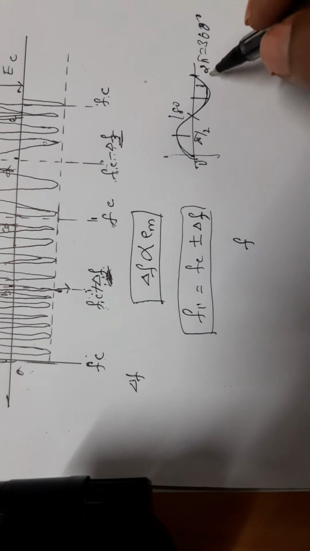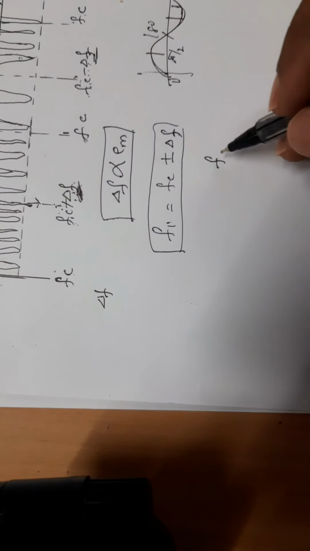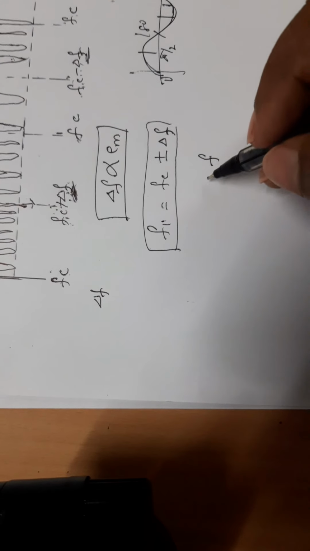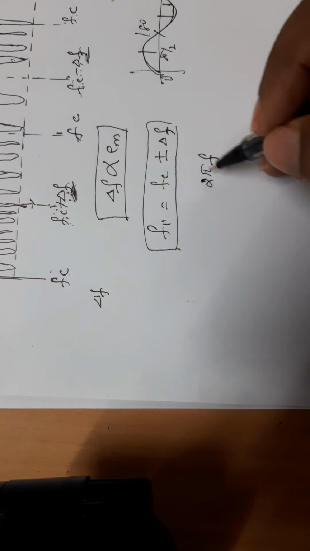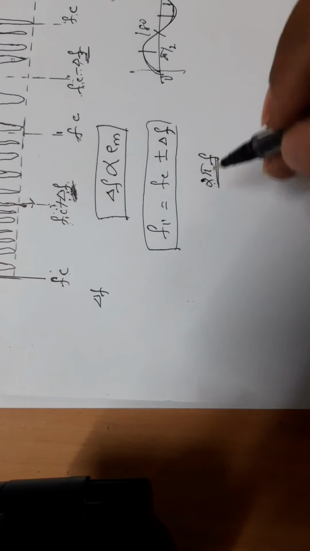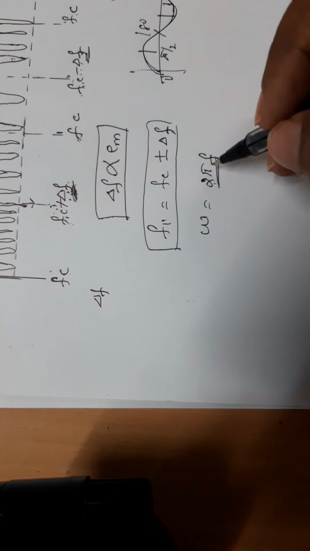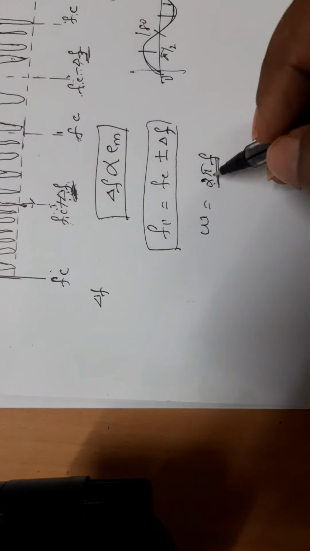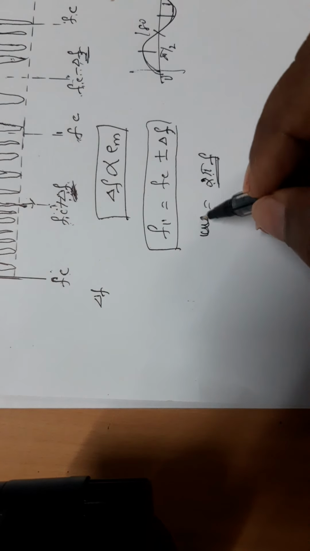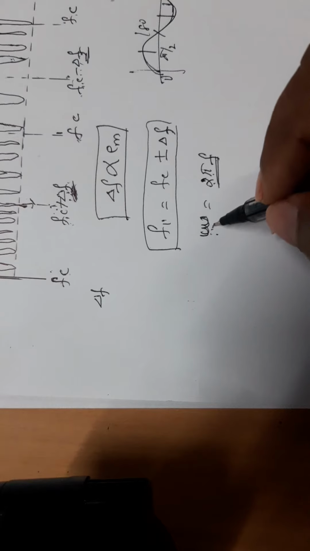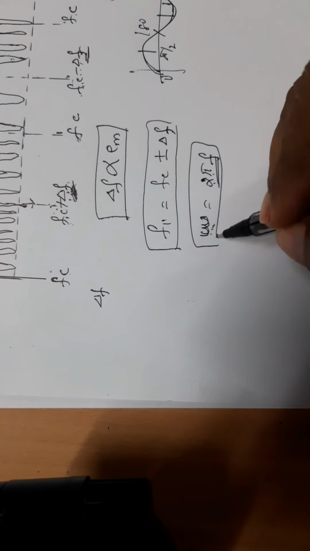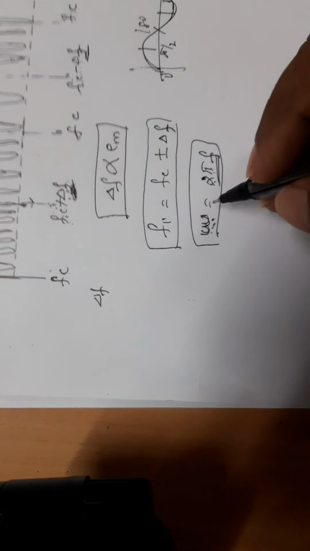One complete angle of a wave is 2 pi. If f is the linear frequency, then if you multiply it by one complete angle 2 pi, 2 pi f is called angular velocity. If linear frequency is multiplied by the angle 2 pi, we call that frequency the angular velocity, angular frequency omega. Therefore, omega is equal to 2 pi f.